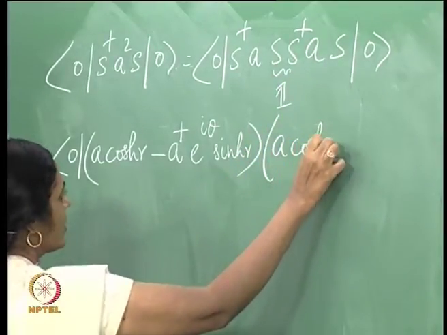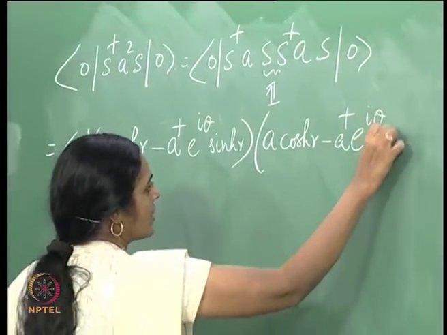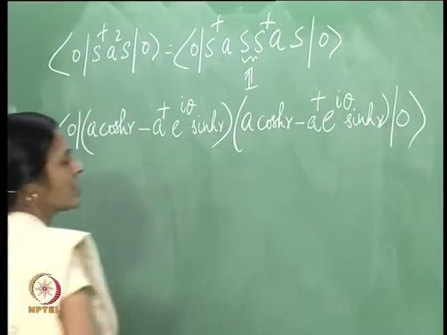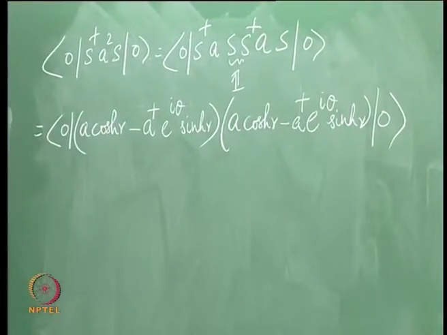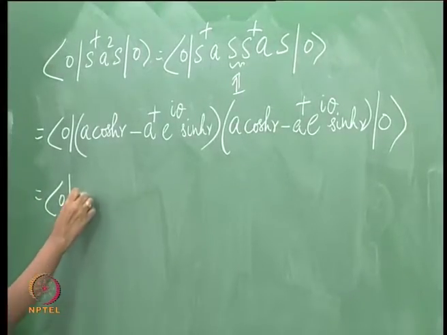So, that is a cosh r minus a dagger e to the i theta sinh r acting on ket 0. So, I multiply this term by term.